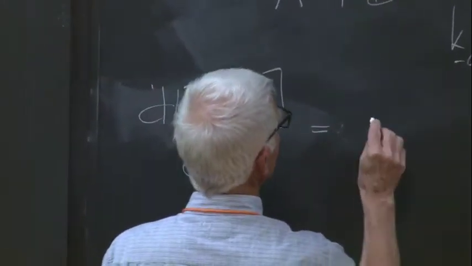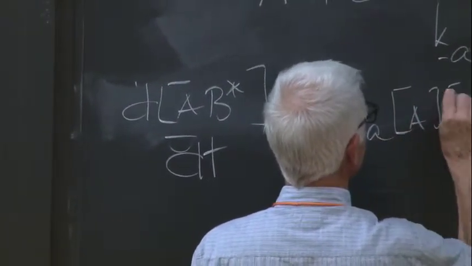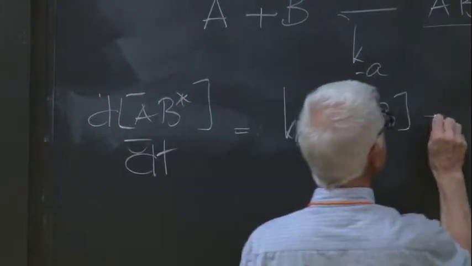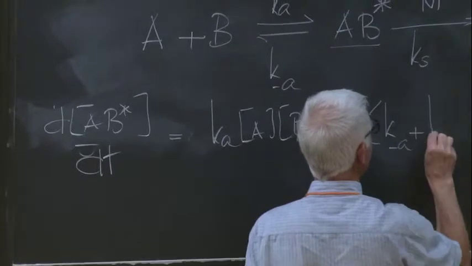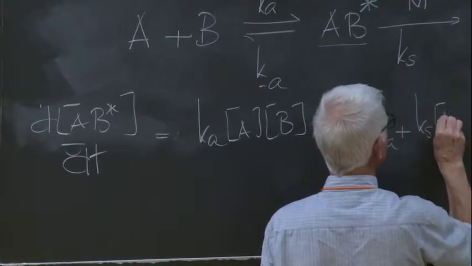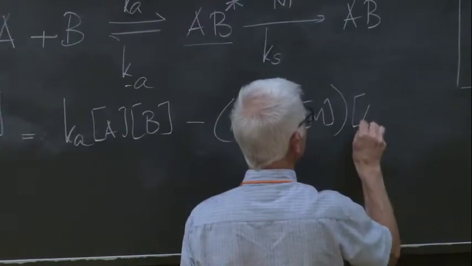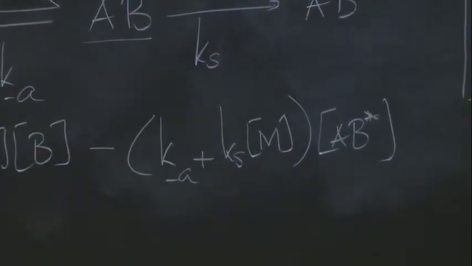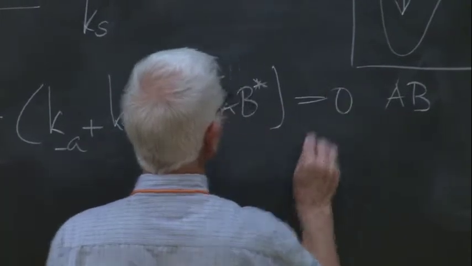And that's going to be given by Ka times A times B minus K minus A plus Ks times M times AB star. And crucially, we're going to apply the steady-state approximation, and we're going to set this equal to 0.